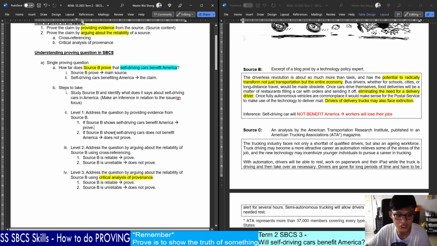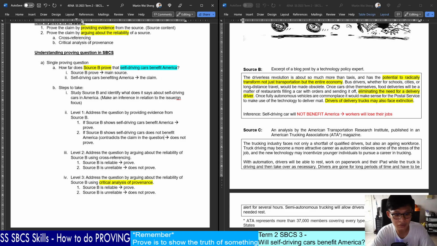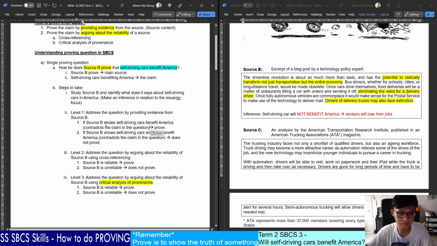However, if source B shows that self-driving cars do not benefit America, it contradicts the claim in the question, so it says does not prove. This is for the first step: you answer based on the source content.